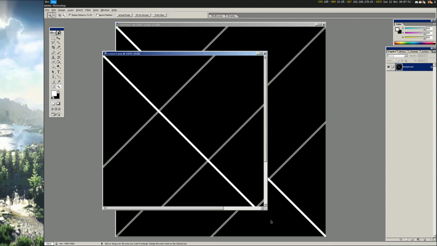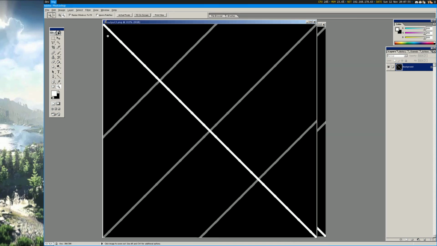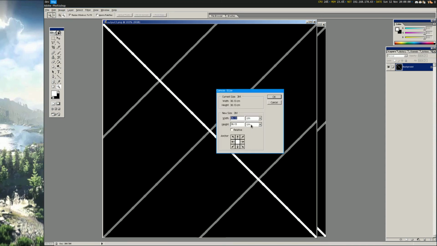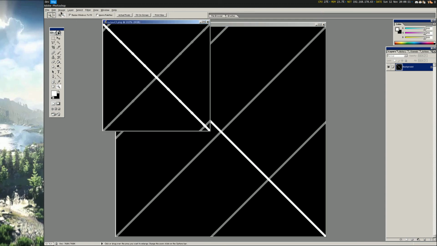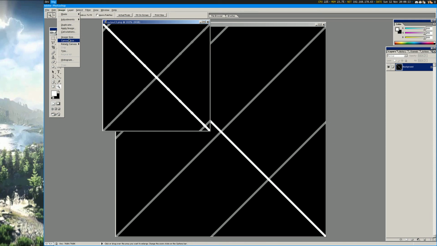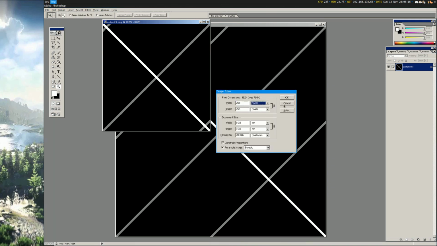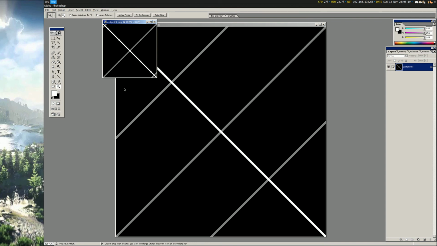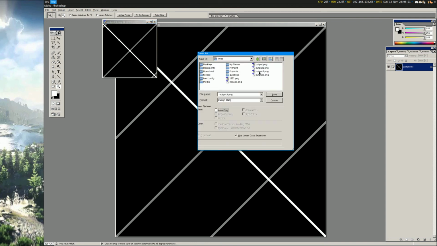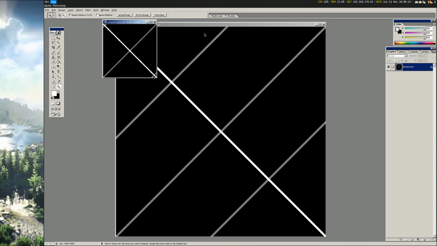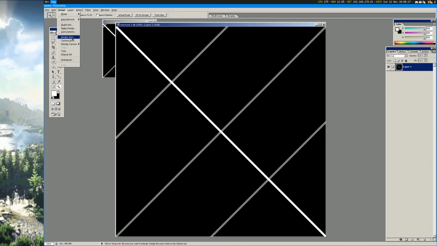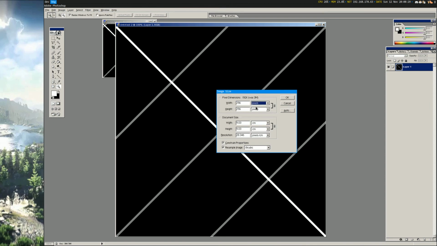And then we need to have 50%. Yep. Do it. And then scale that down to 256. And that's gonna be output 2. And you're just gonna be scaled. Yep.